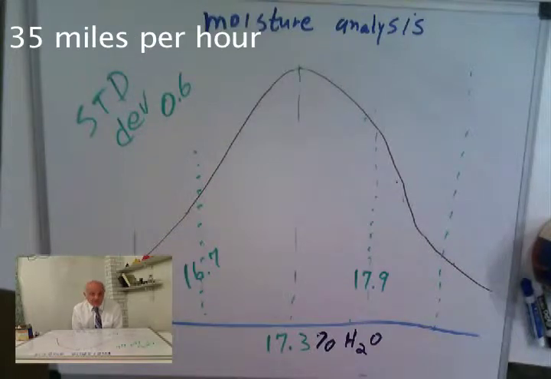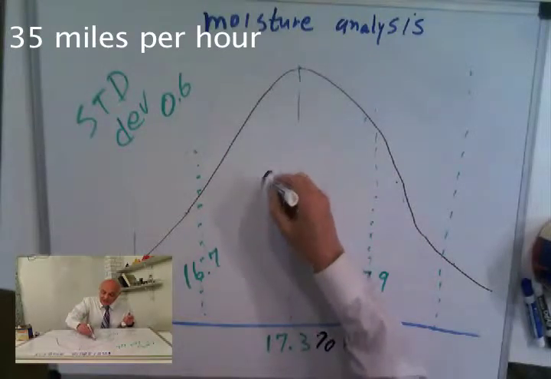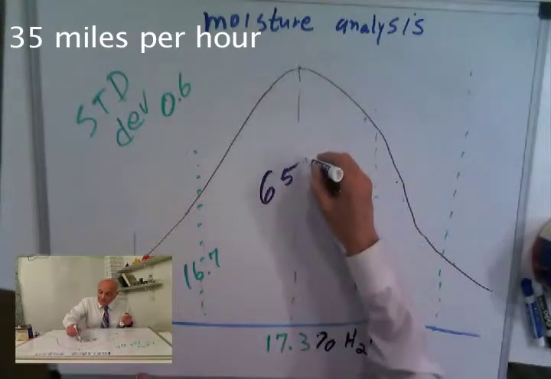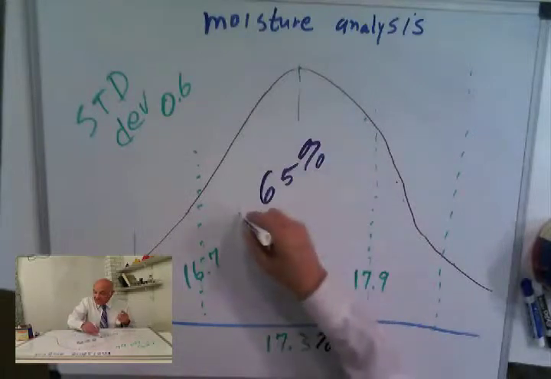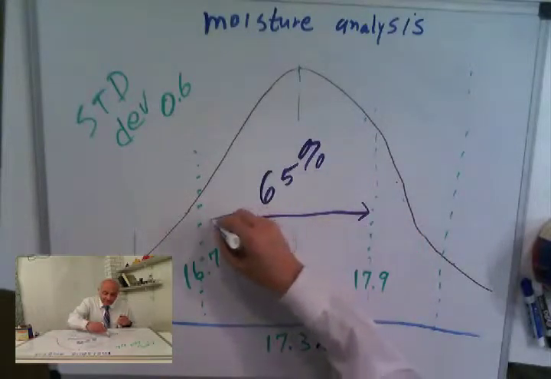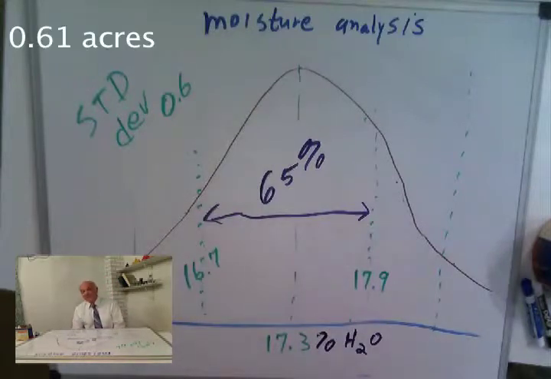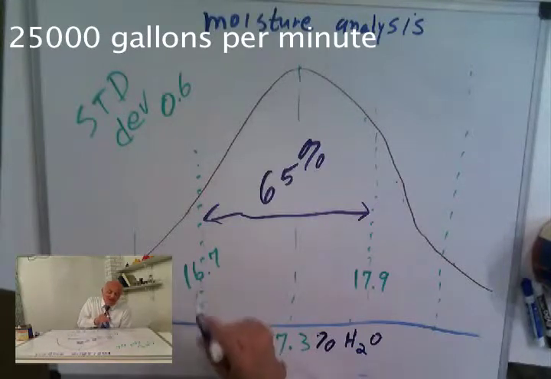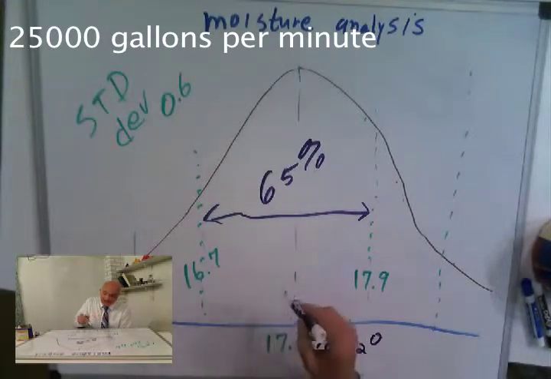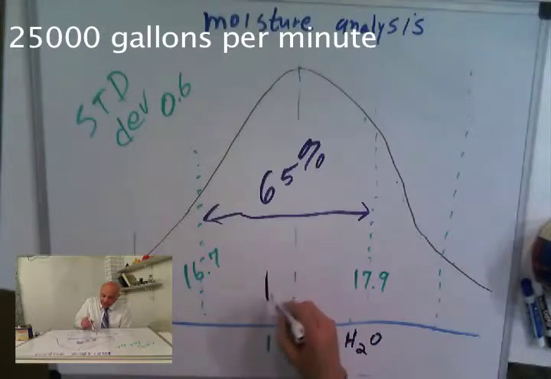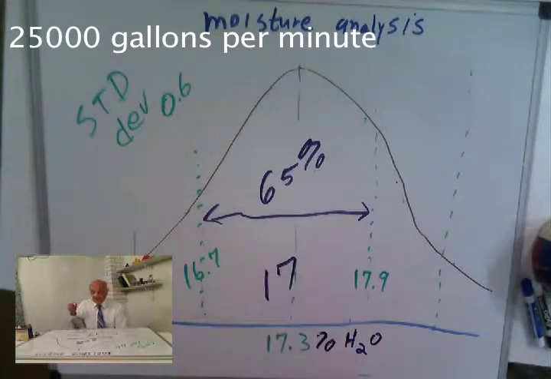Standard deviation is 0.6, which means there's a 68% chance that it's between 16.7 and 17.9. So what's the significant figures? Well, I think you'd have to say that the uncertain digit is the 7, so that this should be reported out as 17 with two significant figures.